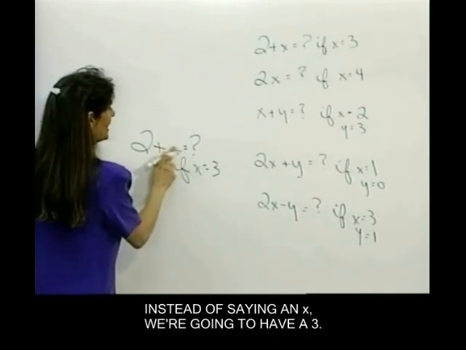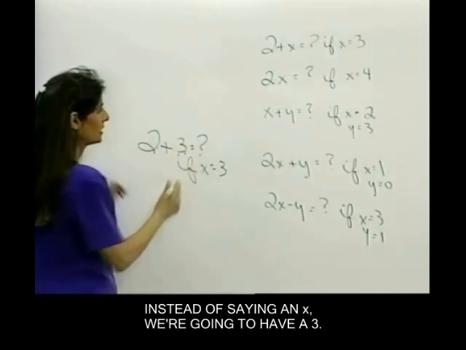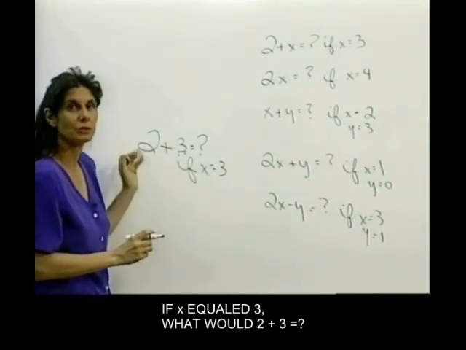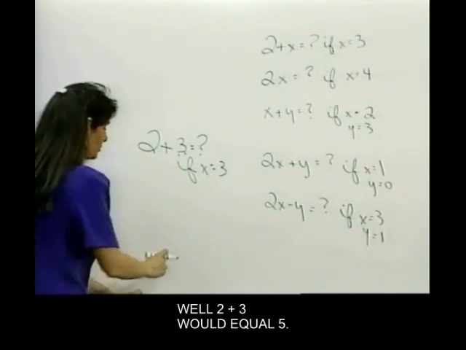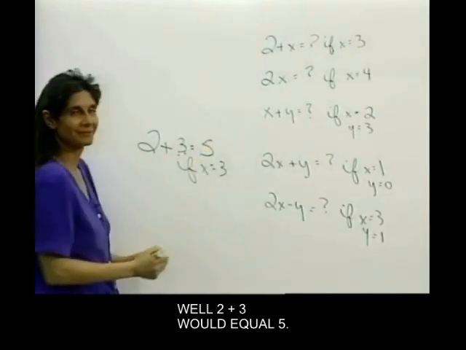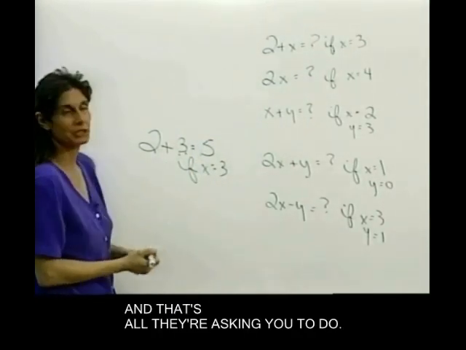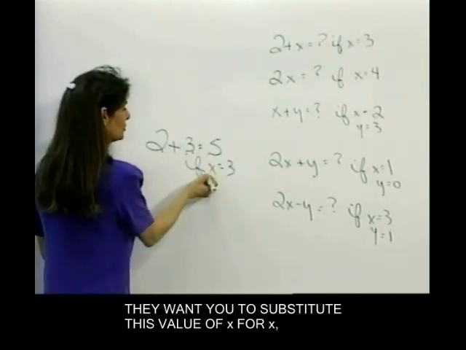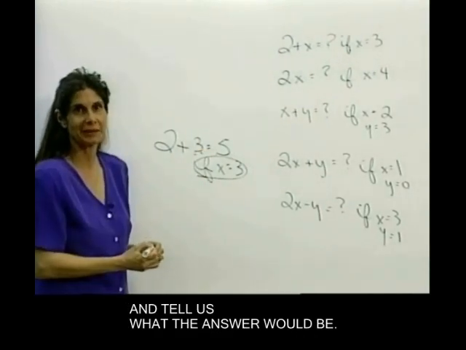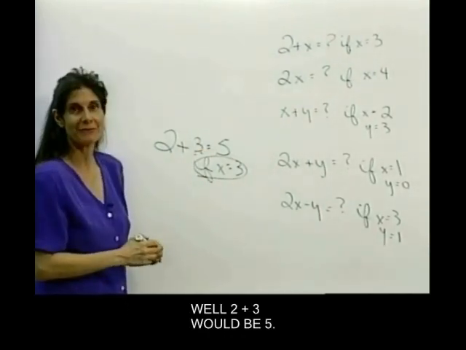Instead of saying an x, we're going to have a 3. If x equaled 3, what would 2 plus 3 equal? Well, 2 plus 3 would equal 5. And that's all they're asking you to do. They want you to substitute this value for x and tell us what the answer would be. Well, 2 plus 3 would be 5.